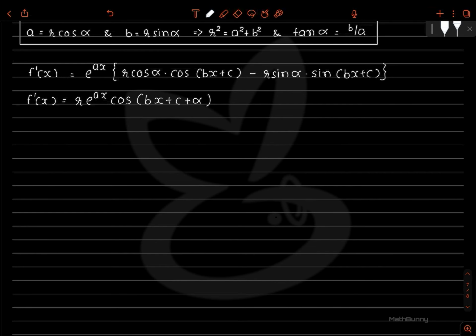Let us differentiate this again. We will get f double dash of x. We know r is constant and alpha is constant. We can keep the r outside and we will apply multiplication and chain rules. Cos(bx + c + alpha) into d by dx of e raised to ax, plus e raised to ax into d by dx of cos(bx + c + alpha).